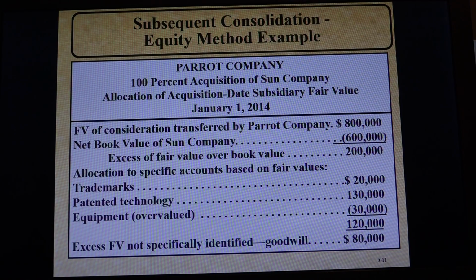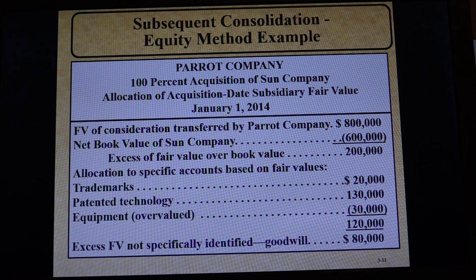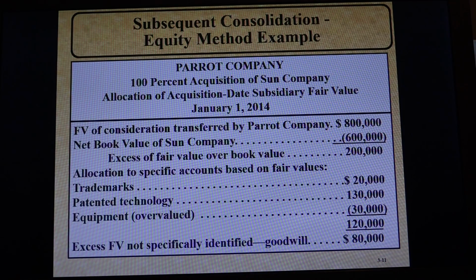Patents are $130,000 more than their book value. And equipment is overvalued, the book value is. So that's a negative $30,000. So all that's allocated at an amount of $120,000, leaving you with excess fair value not specifically identified to any particular assets, which we know has to be booked to goodwill.